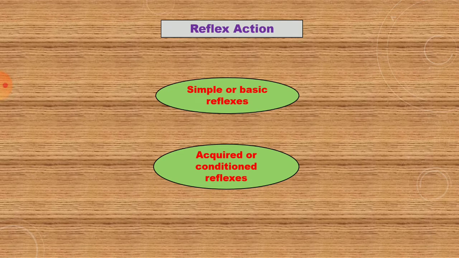These are examples of conditioned reflexes, which require conscious training, effort and consciousness. Reflex action is controlled by the spinal cord, so it is called spinal reflexes.